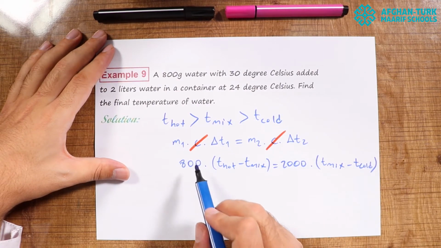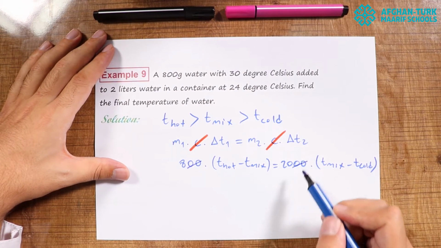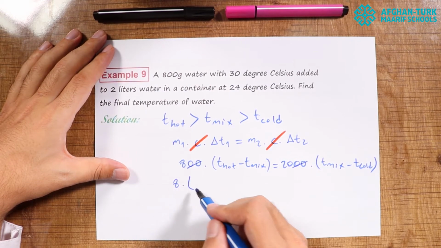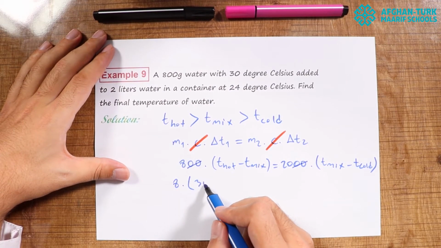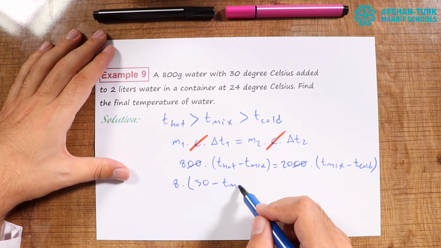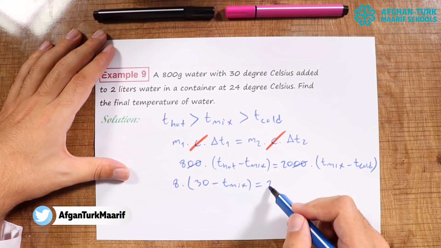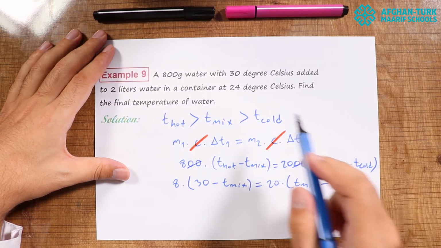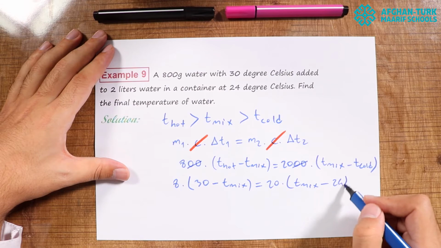I can also cancel out these 2 zeros, so I will have 8 times T hot, which was 30 degrees, minus T mix, equal to 20 times T mix minus 24 degrees Celsius.